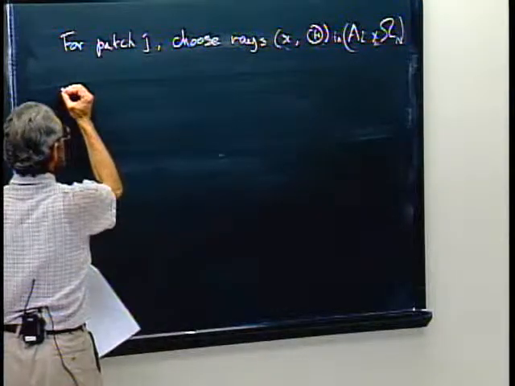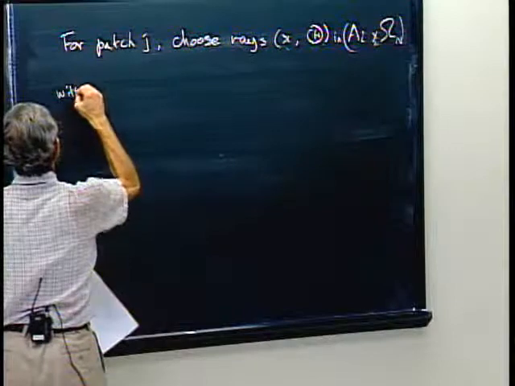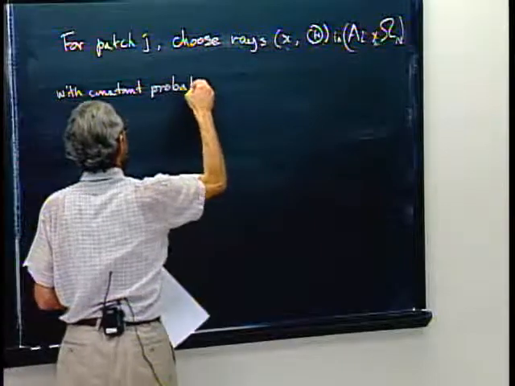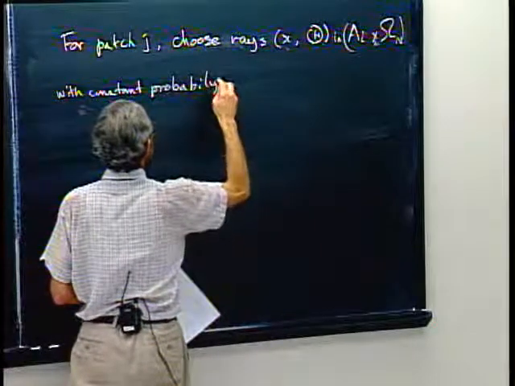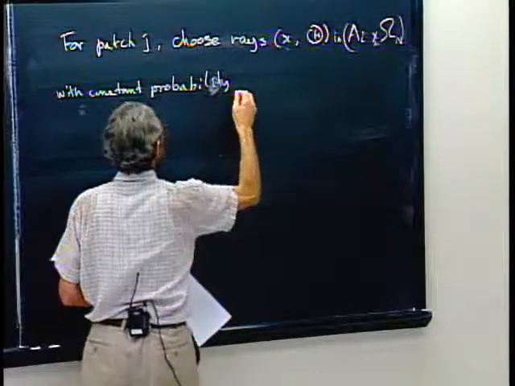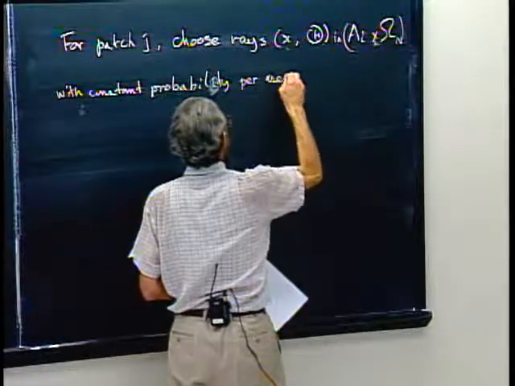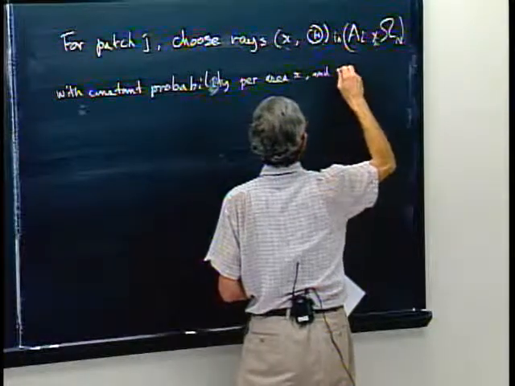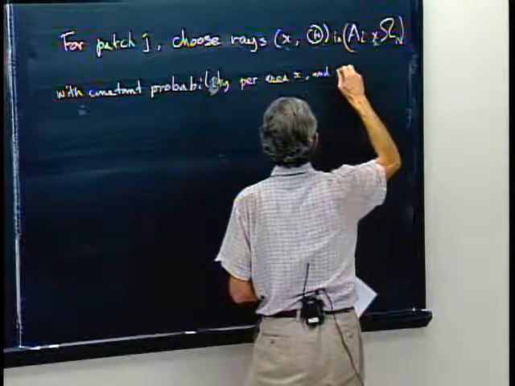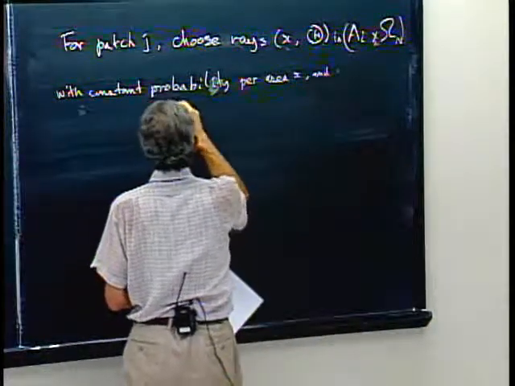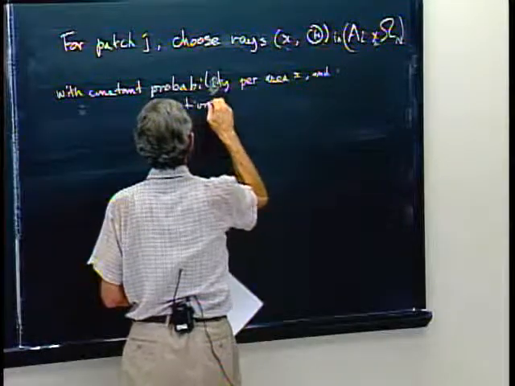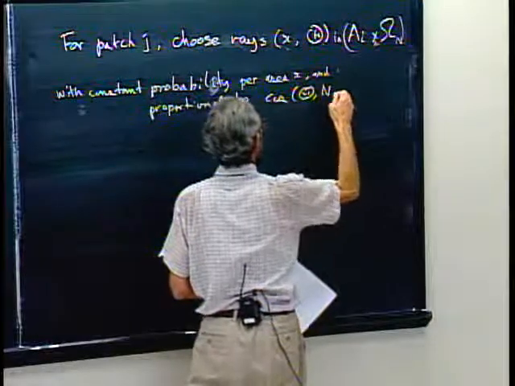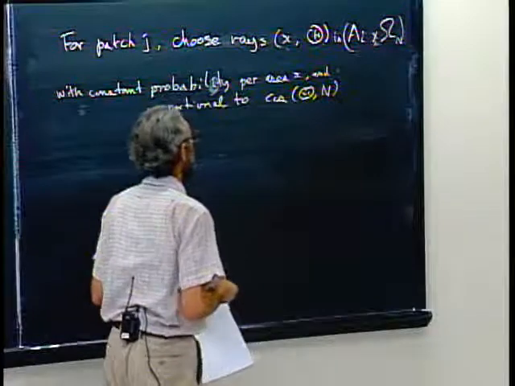With constant probability per area x, it's basically proportional to the cosine of the ray direction and the normal to the patch.